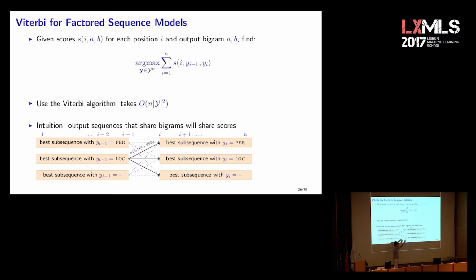But let's say they all share this prefix. So the score of any of these shares the initial scores. All the labeled bigrams here have their own score, and so no matter how I finish, the initial part will not change the score.